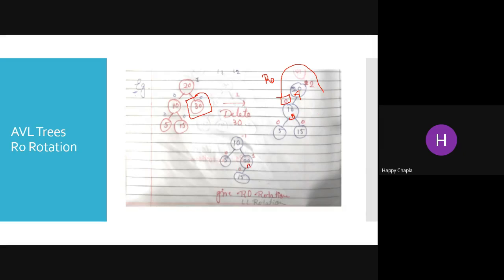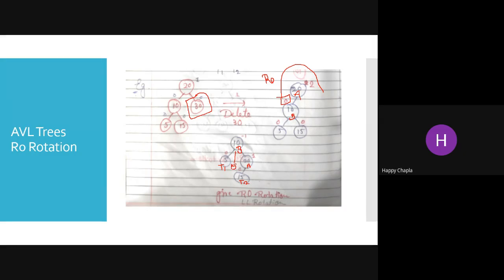Over here you can see this is my A, this is my B, this is my T1, this is my T2. Why can I not add 15 over here? If I do something like this, that no, I don't want to change this 50, it violates the rule of a binary search tree.